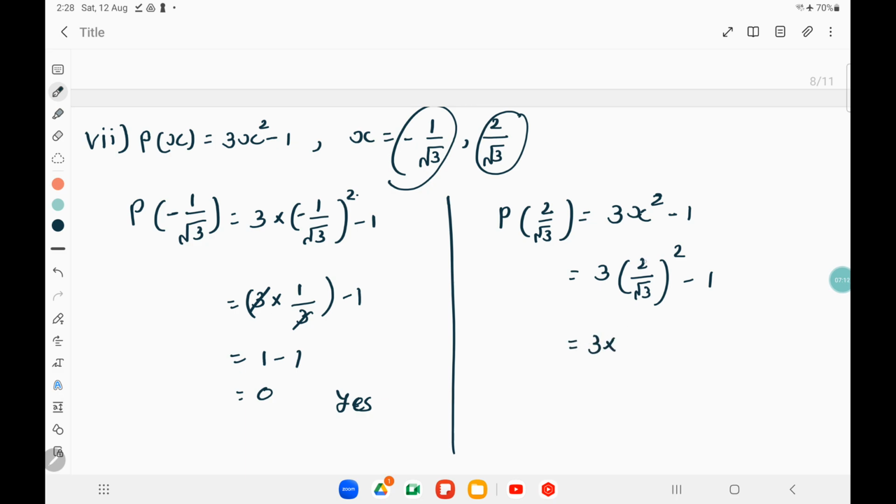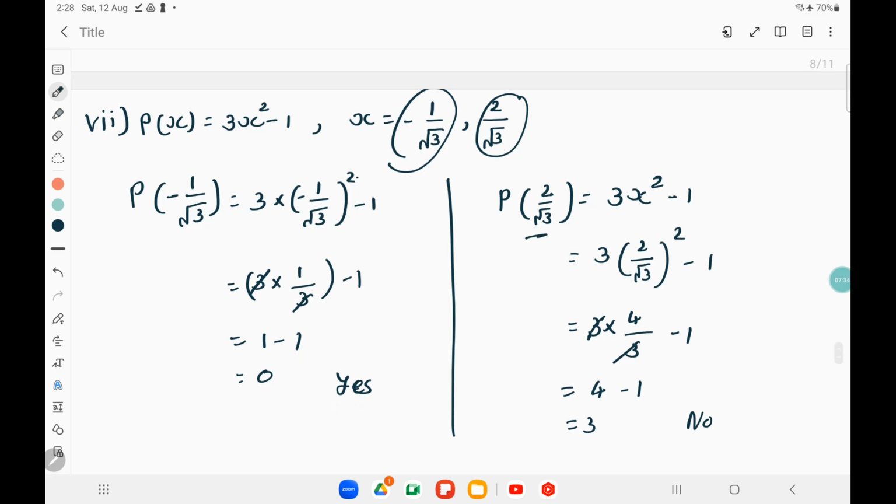So 3 times, okay, 2 squared is 4 over root 3 squared becomes 3, minus 1. So this is going to cancel down. So 4 only remains. So 4 take away 1 is 3. So no, it is not a 0 value of the polynomial.